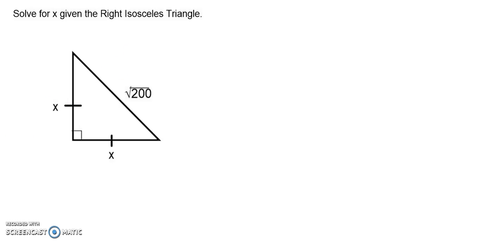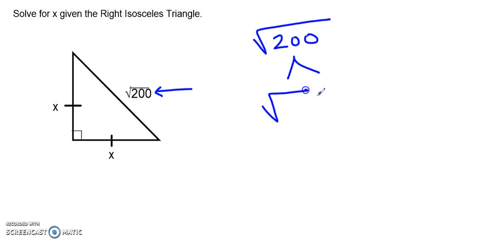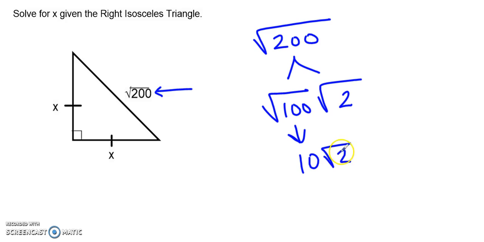Okay, now looking at this example here, we have the hypotenuse listed, but it is not a simplified radical. So first thing we want to do is simplify the radical of 200. The perfect square number that goes into 200 would be 100, and 100 times 2 is 200. The square root of 100 is just 10, and then the square root of 2 just hangs along.